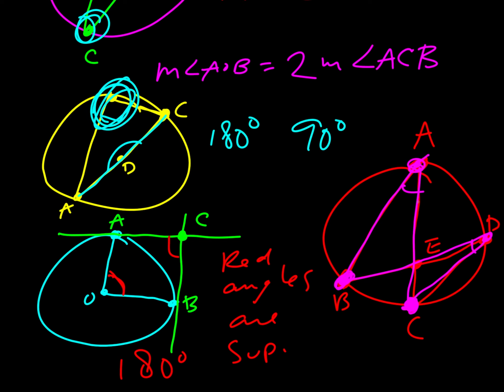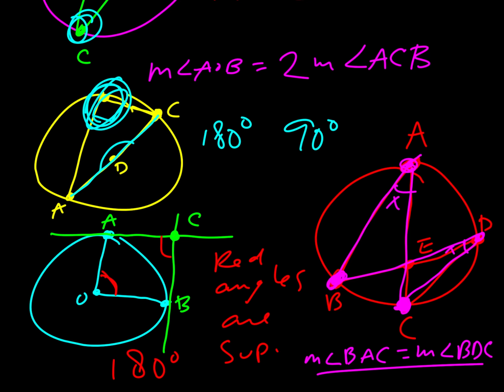So if this was X, this would also be X. In other words, the measure of angle BAC is equal to the measure of angle BDC.